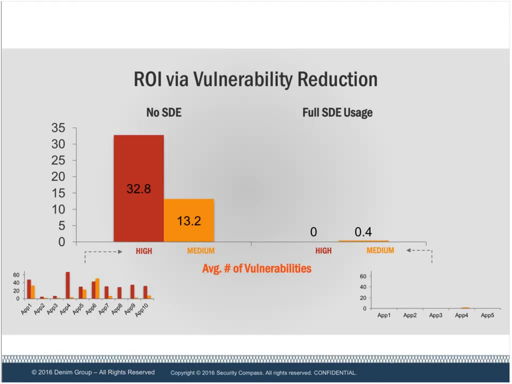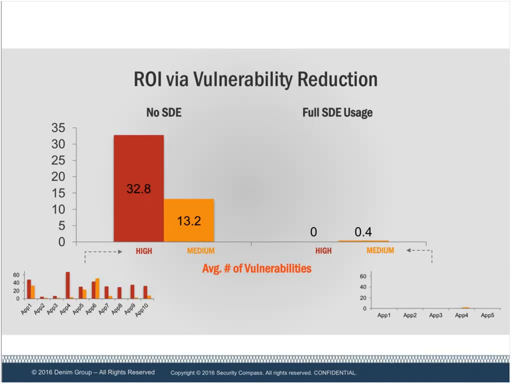Generally, it's known within an organization the cost to remediate a vulnerability, whether it's a high, critical, or medium vulnerability. So when you have fewer findings at the development or release stage, fewer vulnerabilities found via scanning tools, your cost goes down.